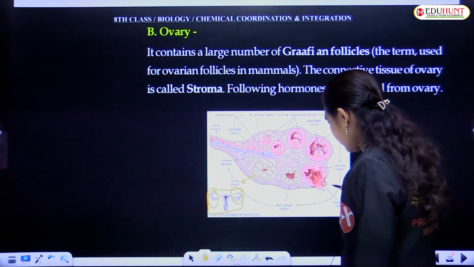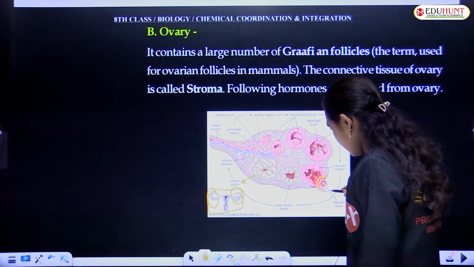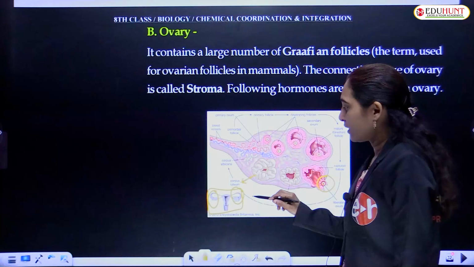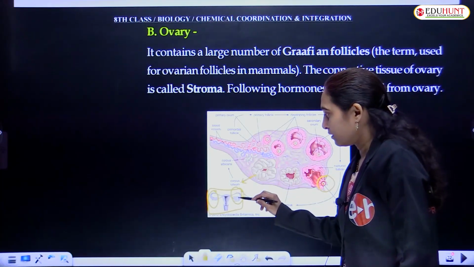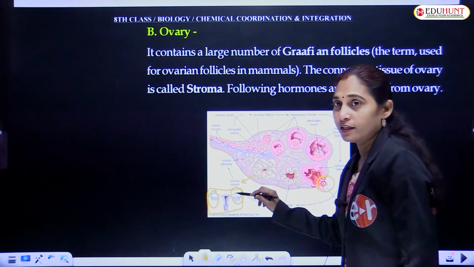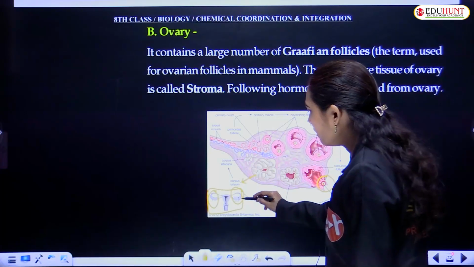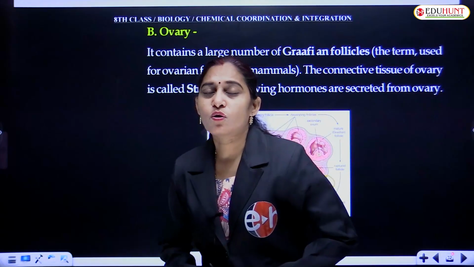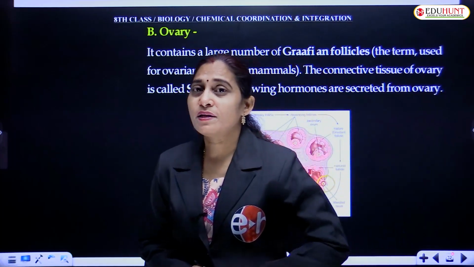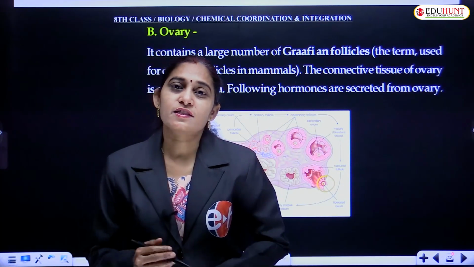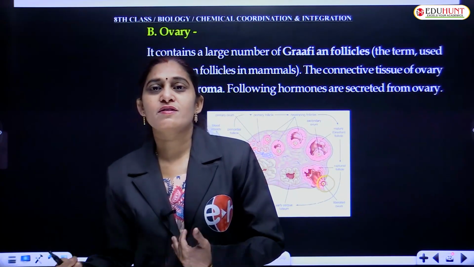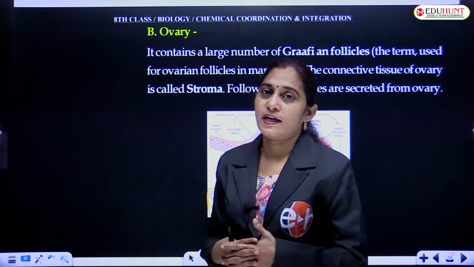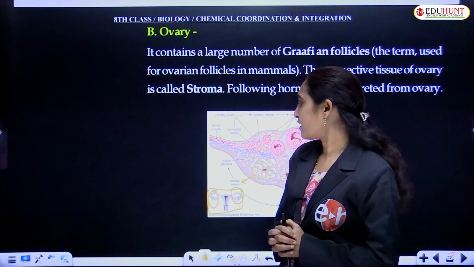This is the ovum, which gets liberated near the fallopian tube. In the fallopian tube, the mature egg is available for fertilization. Then the sperm reaches the egg and fuses with it. That is known as fertilization.